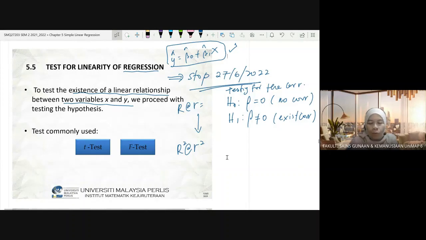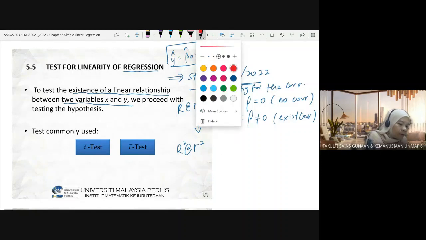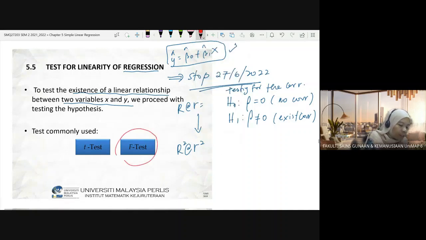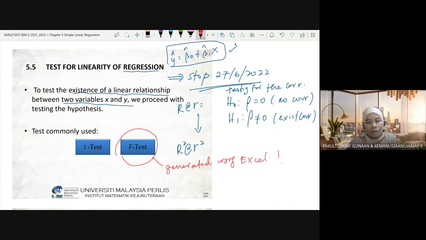To test the hypothesis, you can use either the t-test or the f-test, but in our case I would like to concentrate on using the f-test, because this one is generated using Excel, so it will be easier for us to discuss.